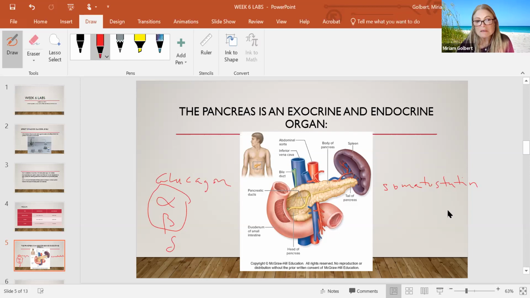So that's a signal for glucagon to be secreted. And glucagon is going to go to the liver storage of glycogen, and it's going to remove some glucose out of glycogen and dump it into circulation. So our cells can continue on with cellular respiration. So when you eat, we know that insulin is secreted. When you fast, glucagon is secreted.